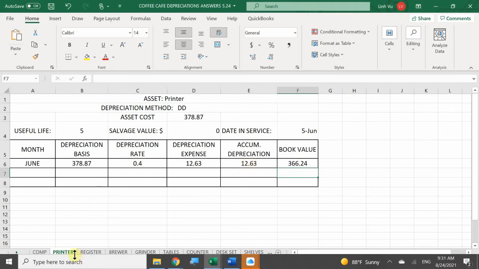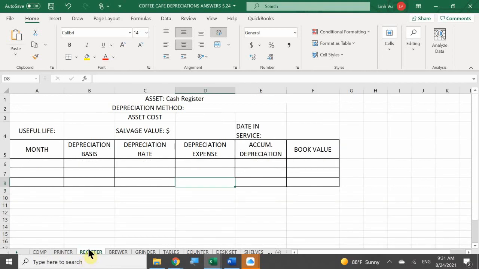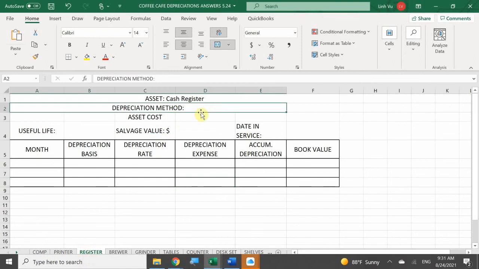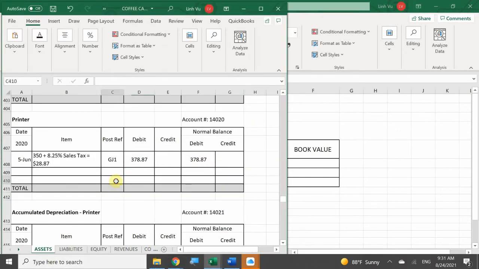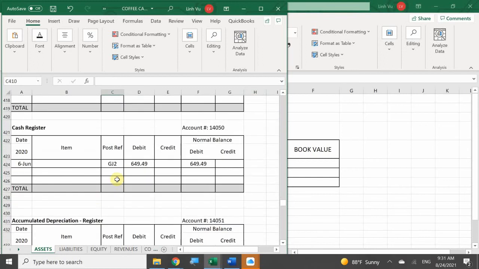So now we need to go into our cash register. Once again, the depreciation method is double declining. Estimated useful life is 5 years with no residual value, so that's 0. Let's take a look in our ledger to figure out how much that cash register is worth. When did we buy it and how much is it for?